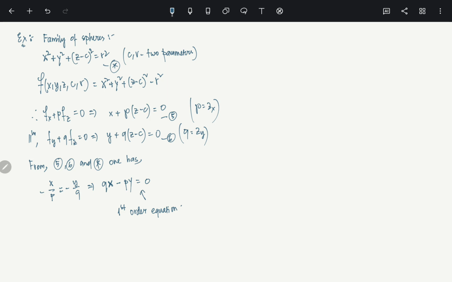In our particular case, 2 relations were enough to eliminate both the coefficients c and r, and once you do that, you end up with a first order equation. I hope this is clear.